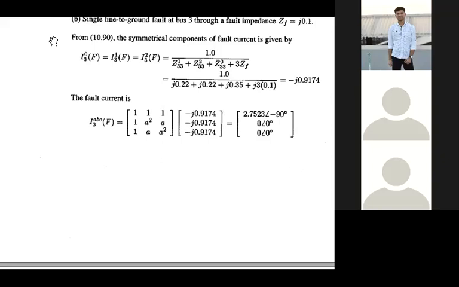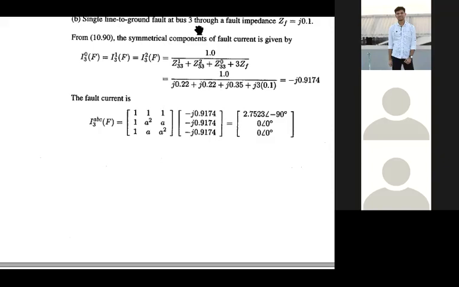You are saying that it is a fault, and at the same time you are also mentioning that it is balanced. So you should not be confused about that. The unbalanced fault, the unsymmetrical fault, is the other category, where you have the single line to ground fault.